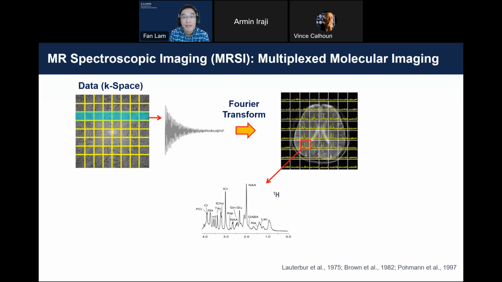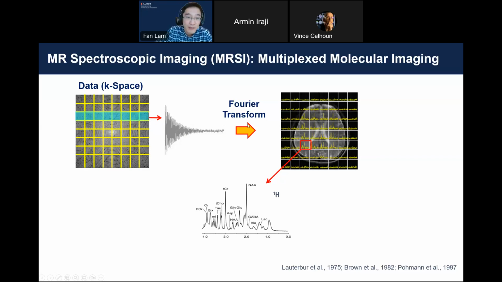You probably know that in MRI, the sensory data we collect is not exactly in the image domain, but in a data domain called K-space. In MRSI, instead of just scanning through K-space, we also collect a free induction decay, shown in the middle here in grayscale, for each K-space point. Then we have this high dimensional data, with an additional encoding dimension associated with each K-space point.